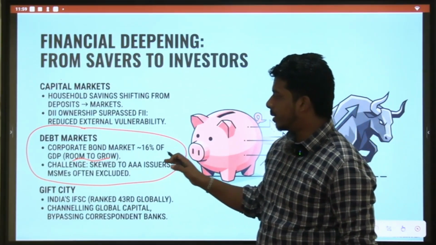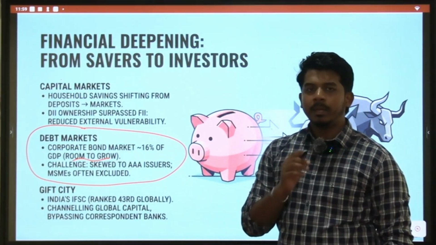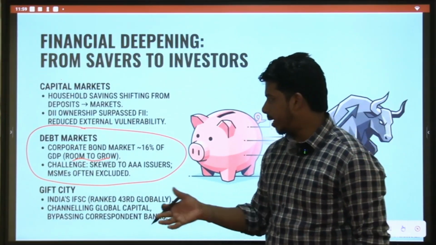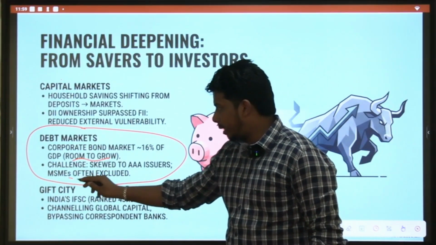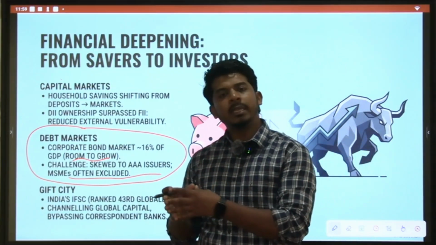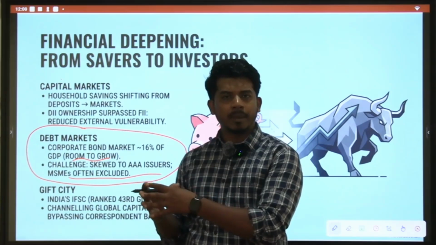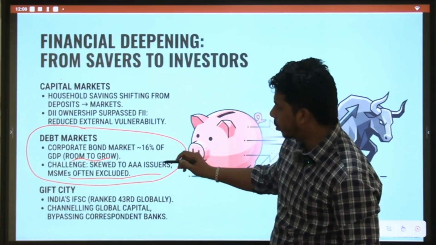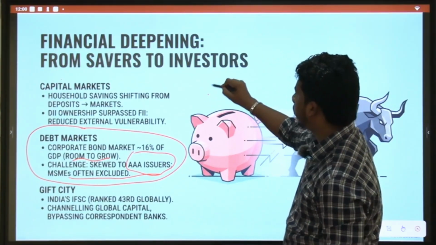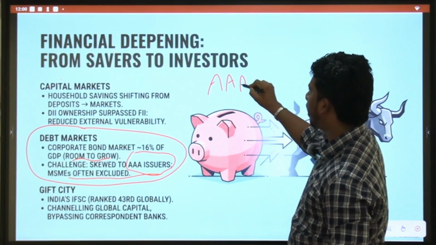Another challenge here is that not only is it not seeing enough growth, but all the debt bonds and loans available in the capital market are only going to those borrowers who have a high rating. We already know AAA rating means very high.